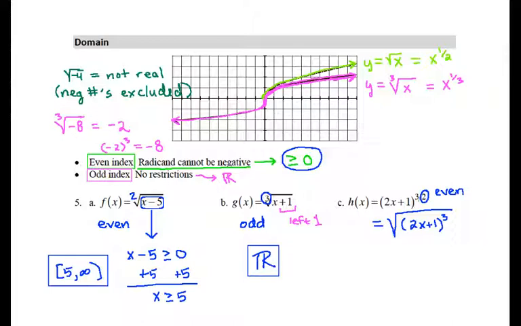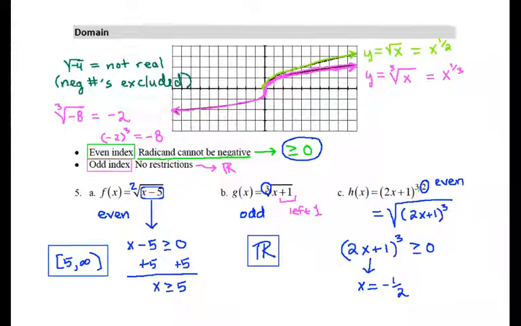Setting the radicand greater than or equal to 0 gets us 2x plus 1 cubed is greater than or equal to 0. We would find the 0 and mark it on a number line. The 0 of this is x equals negative 1/2.